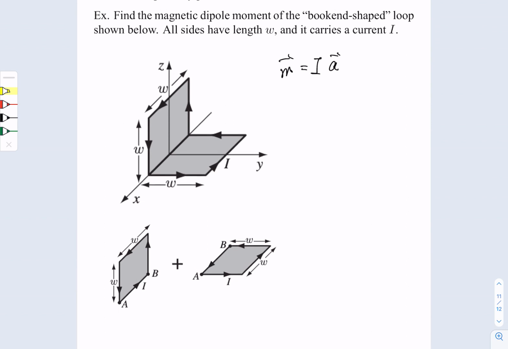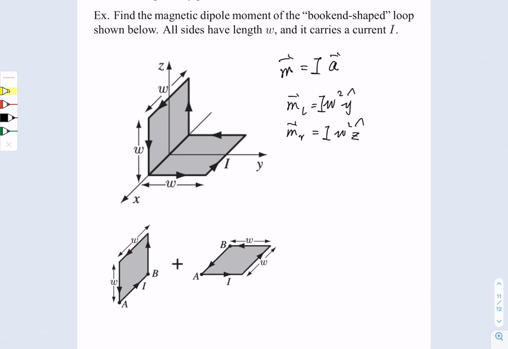So here, M on the left is W squared times I along the y direction, and M on the right-hand side is I times W squared along the z direction.